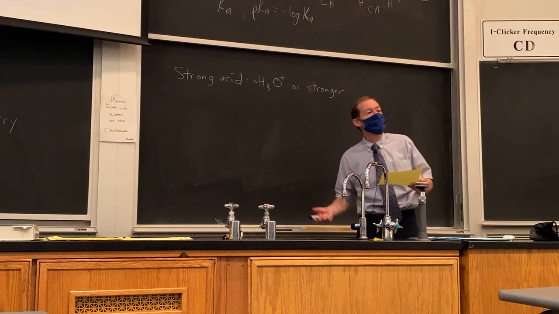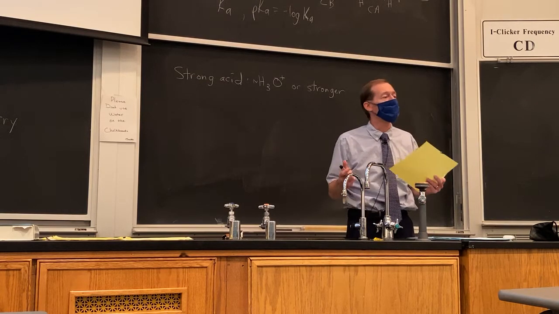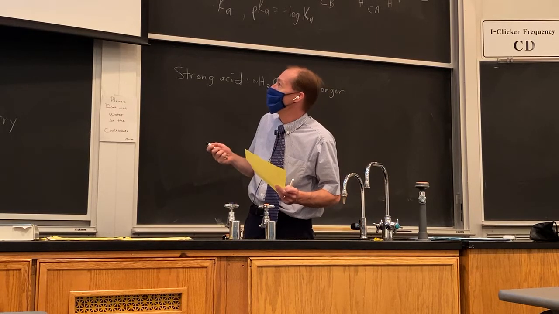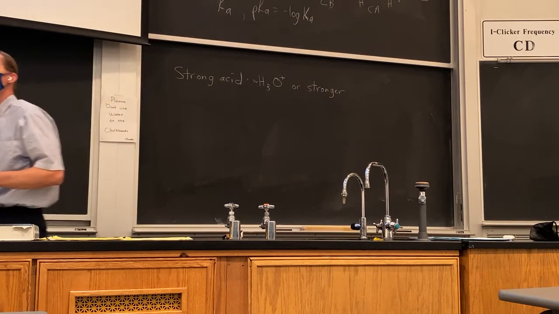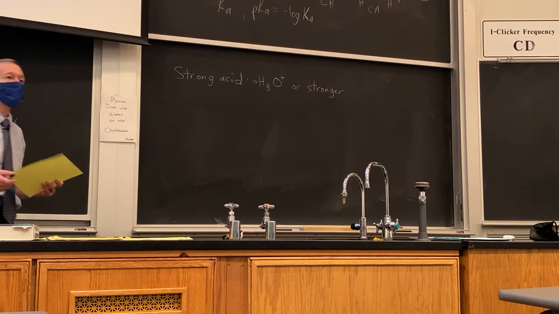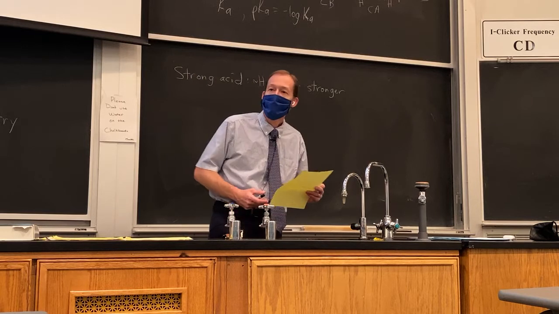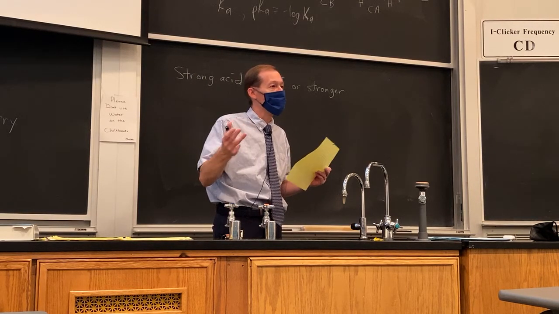What about strong bases? We don't actually see any strong bases in this table because this is just page 1 of our table. And none of these acids is weak enough for its conjugate base to be a strong base. Okay? But let's say you were back in general chemistry. You would have taken a general chemistry lab. If you heard the term strong base, what specific base or bases would you think of?